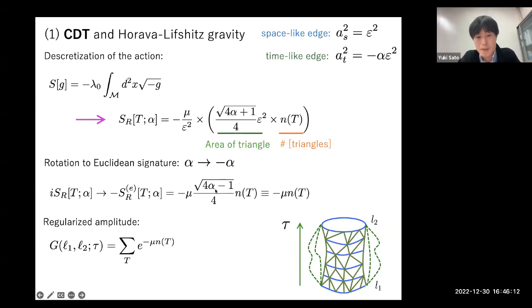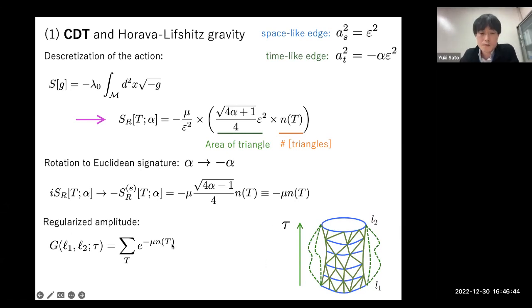And here, the parameter alpha is not important in 2 dimensions because it can be removed by the redefinition of the cosmological constant mu. So we arrive at the very simple form: cosmological constant times the number of the triangles. So this is the action. Using this action, we can define the path integral of this amplitude.